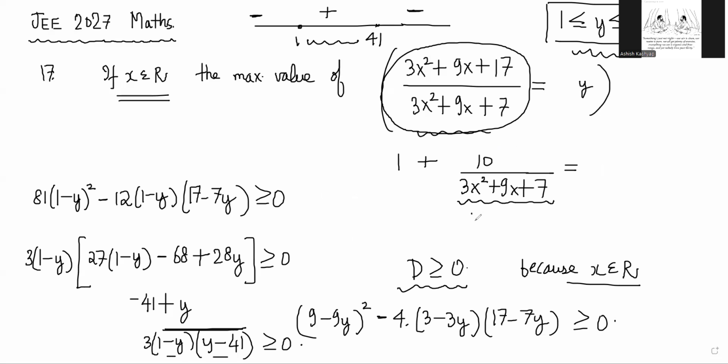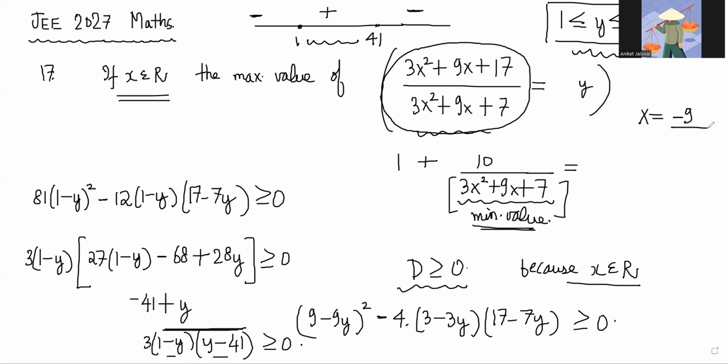So we need to find the minimum value of the denominator. The minimum value of any quadratic expression will happen at its vertex, which is when x equals minus b by 2a. So at x equals minus 3 by 2, you put that value here and you will immediately get the maximum.